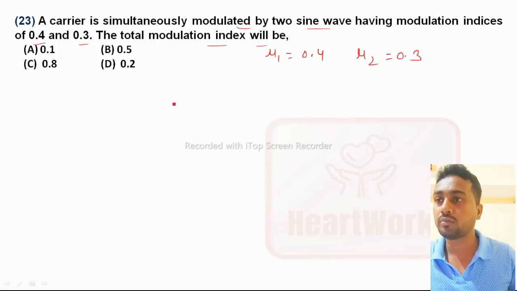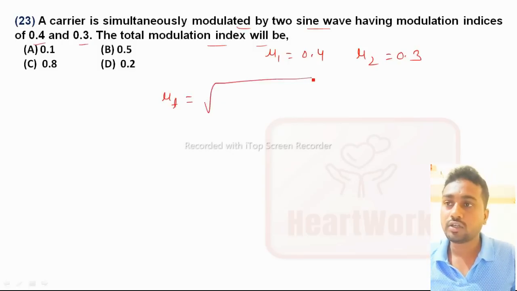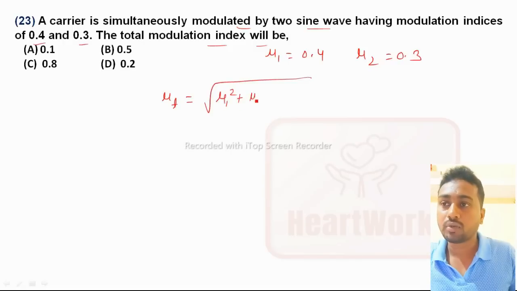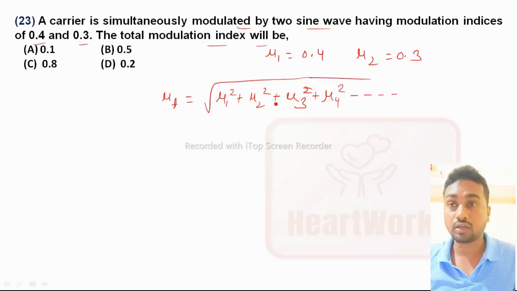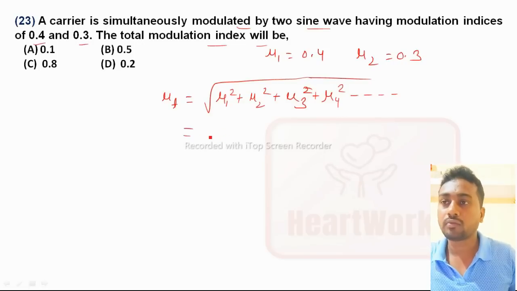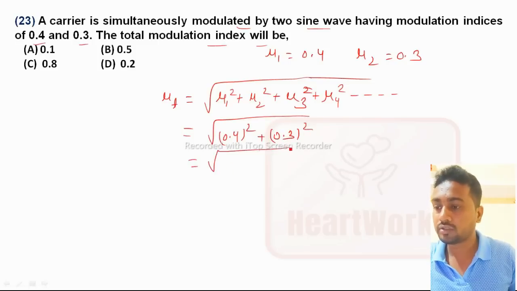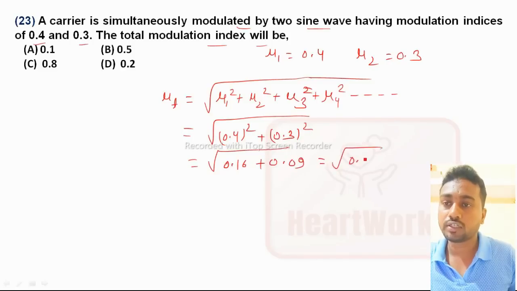We have to calculate the total modulation index, mu t, which is the square root of mu1 square plus mu2 square plus mu3 square and so on, for whatever indices are given. So 0.4 square plus 0.3 square is 0.16 plus 0.09, root under 0.25, which is 0.5. So option B, 0.5, is the answer.